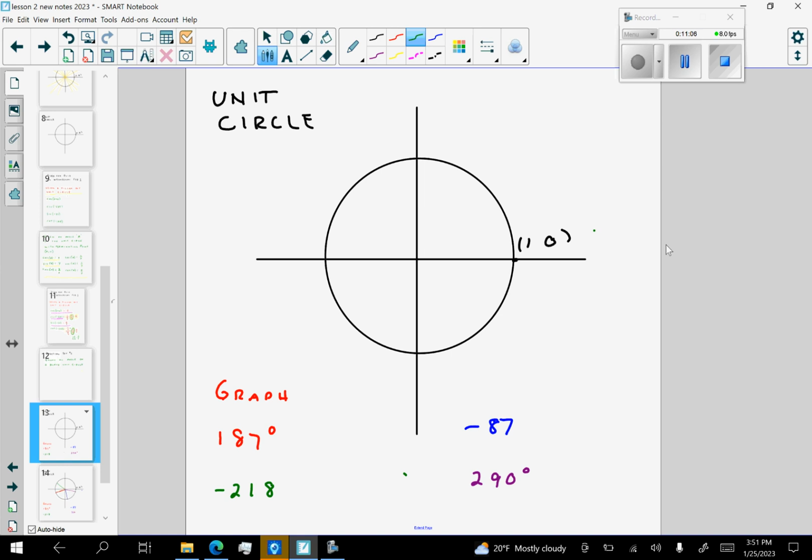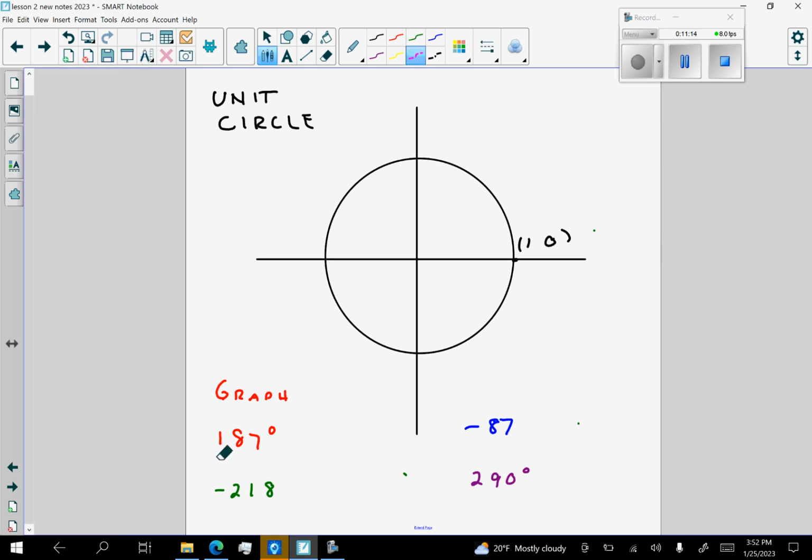So I have 4 examples of these types of problems. If I have 187 degrees, where would that be on the unit circle? Approximately, we're not going exact. Where would negative 218 be on the unit circle?